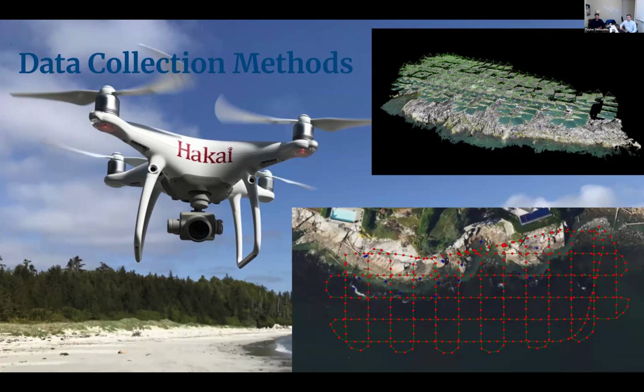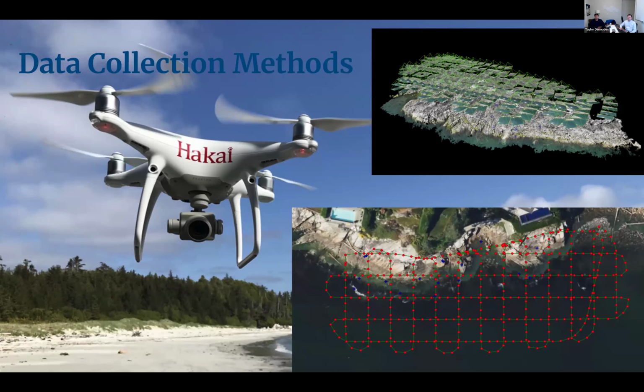So we hike or boat to a location, and we set the drone out on an automated path. In the bottom right here, that's an autopilot mission, and we set out an area of interest, and the software draws flight lines based on our parameters. So we set how high we want to fly, how fast, how much overlap.